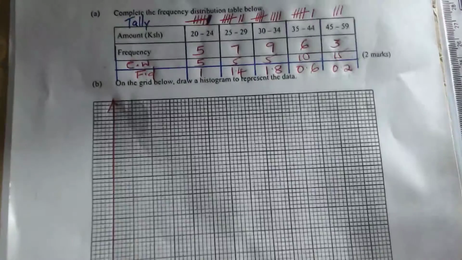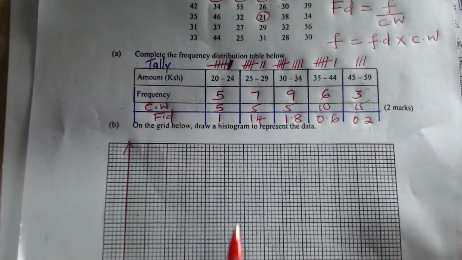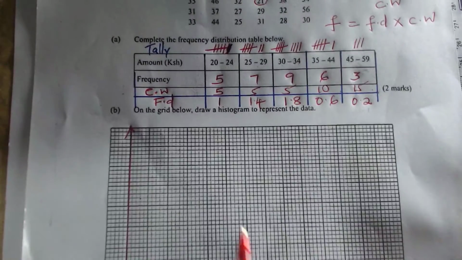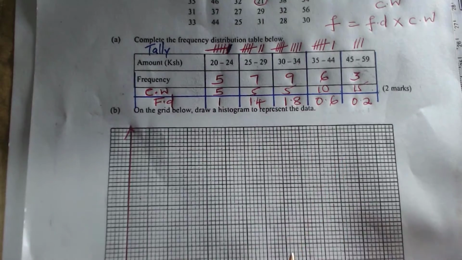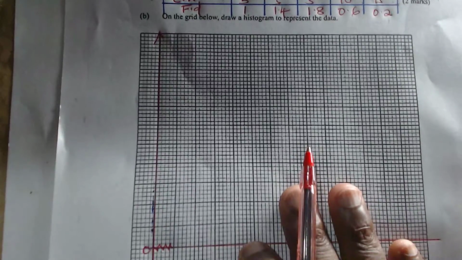Begin with the y-axis. Y-axis 0 will be here. So we've decided, looking at the frequency density, the scale will be 1 centimeter represents 0.2.